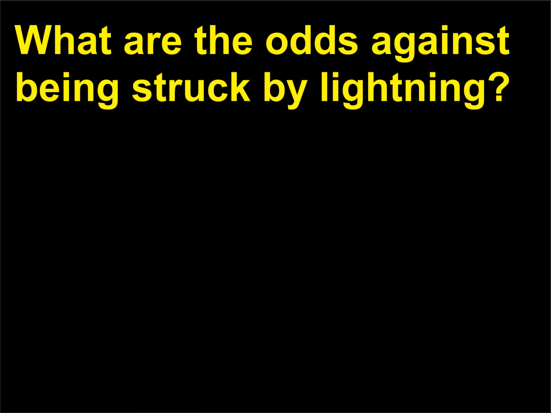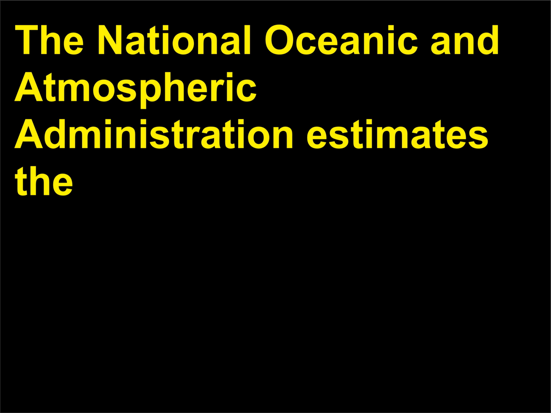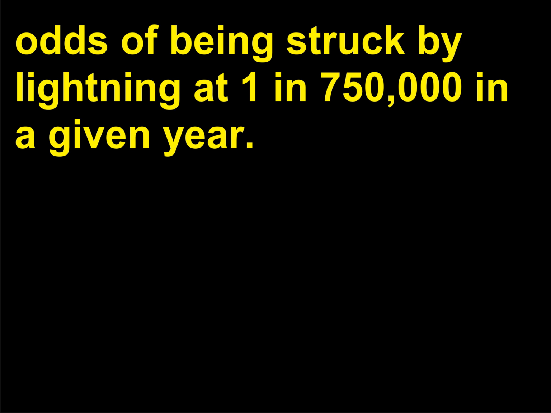What are the odds against being struck by lightning? The National Oceanic and Atmospheric Administration estimates the odds of being struck by lightning at 1 in 750,000 in a given year.